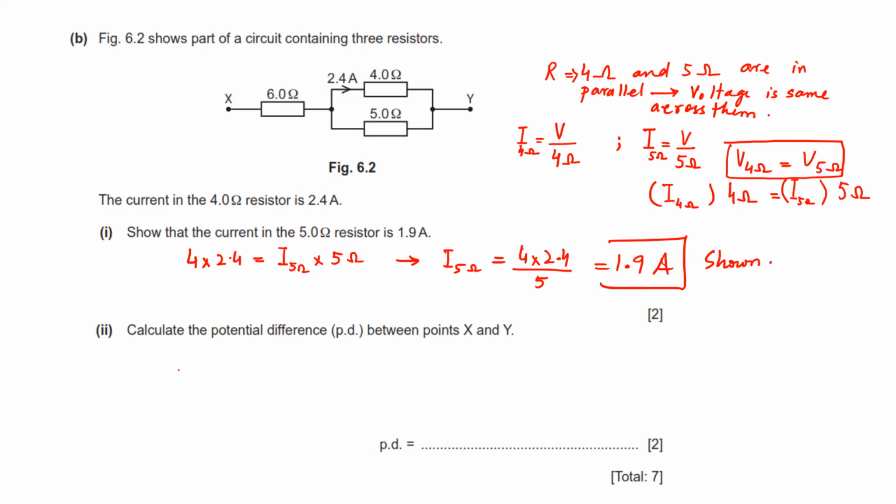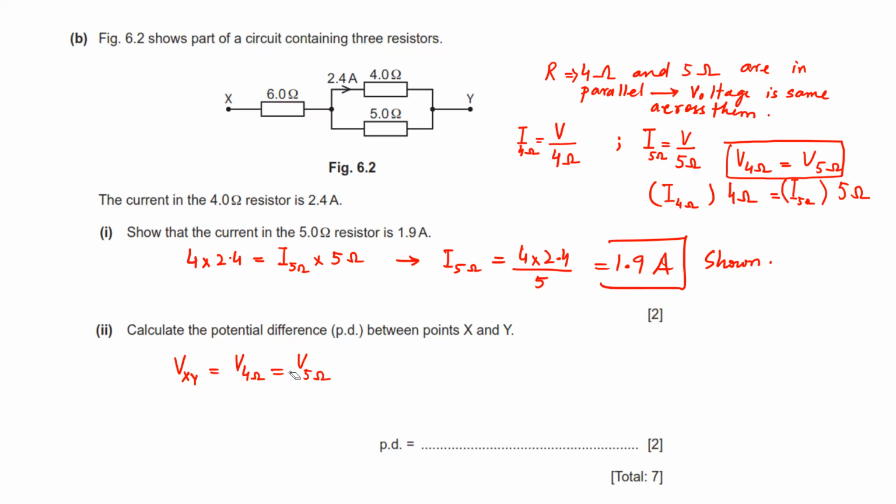So the potential difference V between X and Y is equal to the potential difference across the 4 ohm resistance, which is equal to the potential difference across the 5 ohm resistance. So if you know the value of current, just multiply it with the value. Oh, sorry, no. It's my bad.